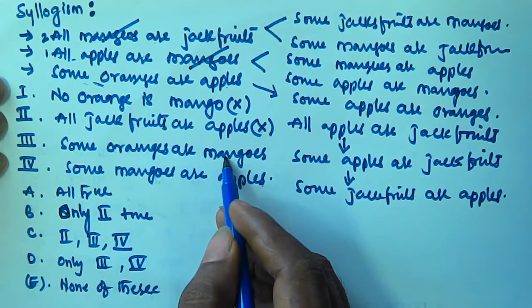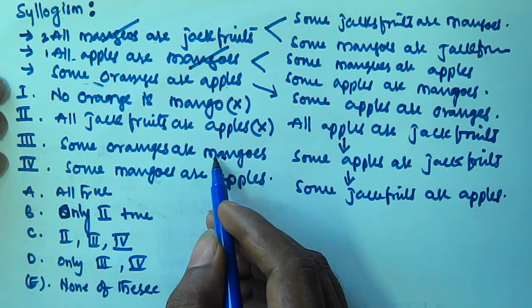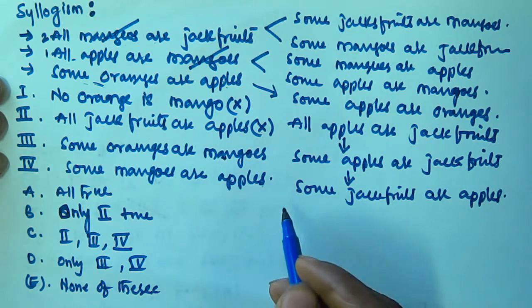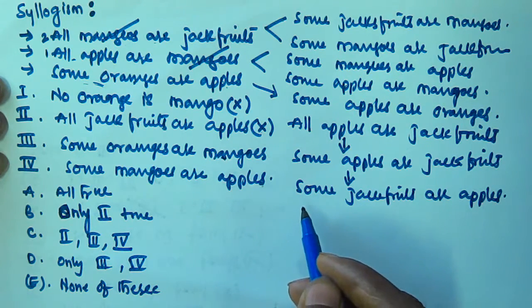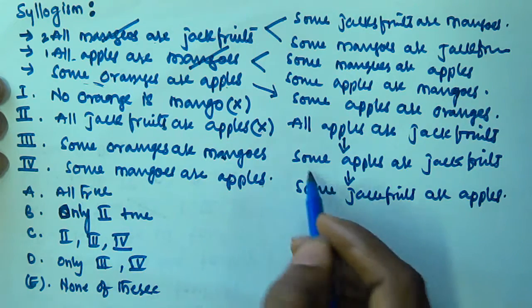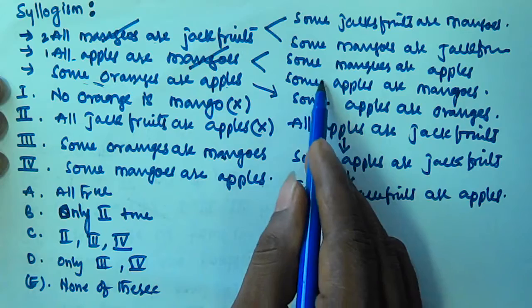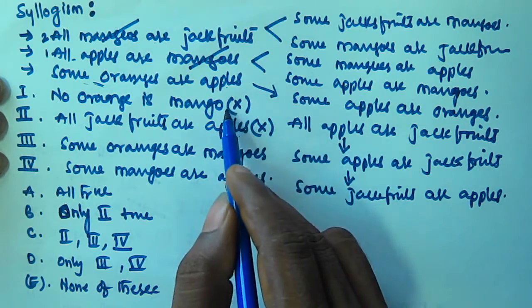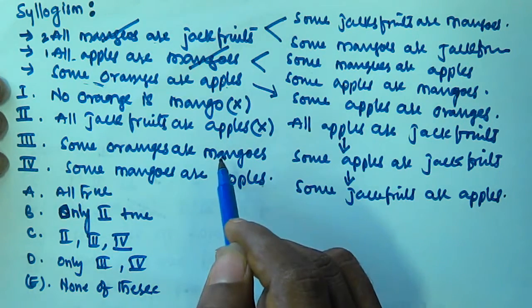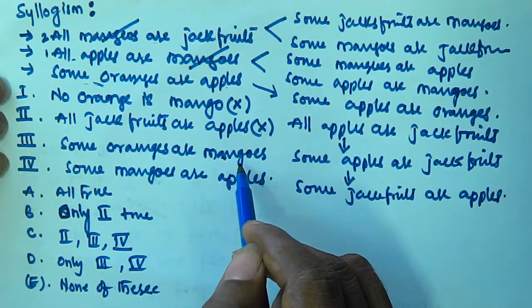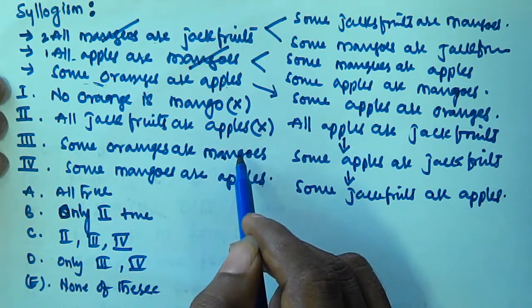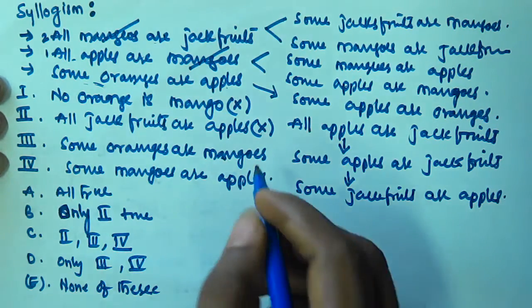Next, some oranges are mangoes. Okay, so we missed one derivation here.